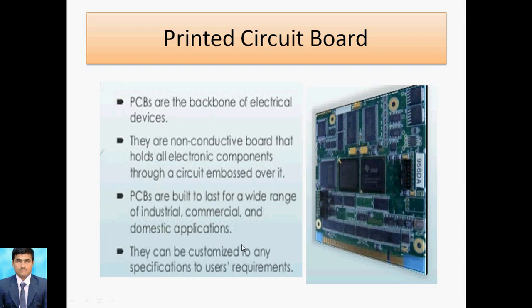The PCB is usually a flat laminated composite made up of a non-conductive substrate with layers of copper circuitry. They can be as simple as one or two layers of copper, or for high density applications they can have 50 layers or more.